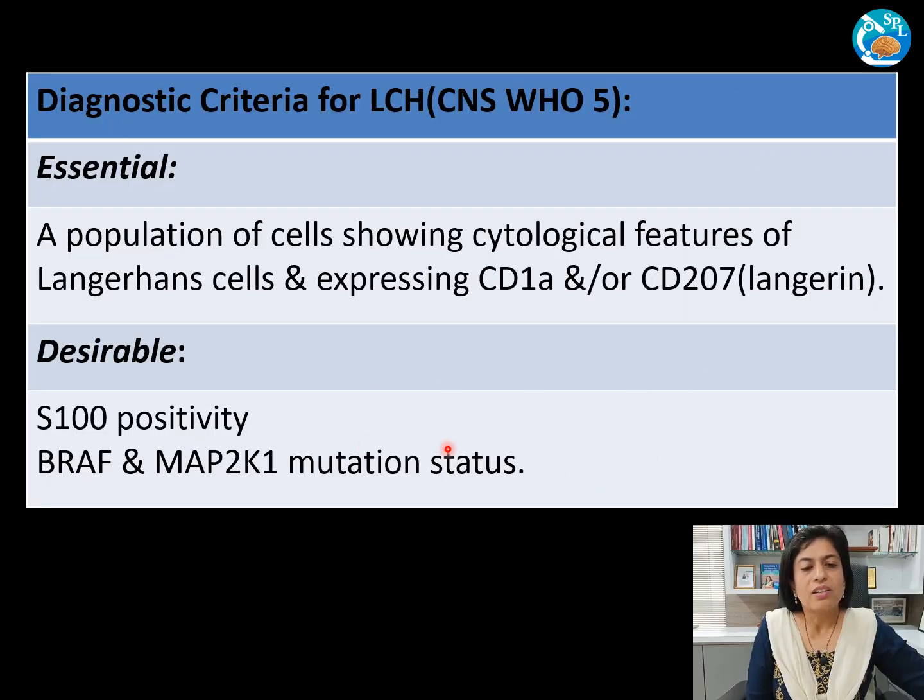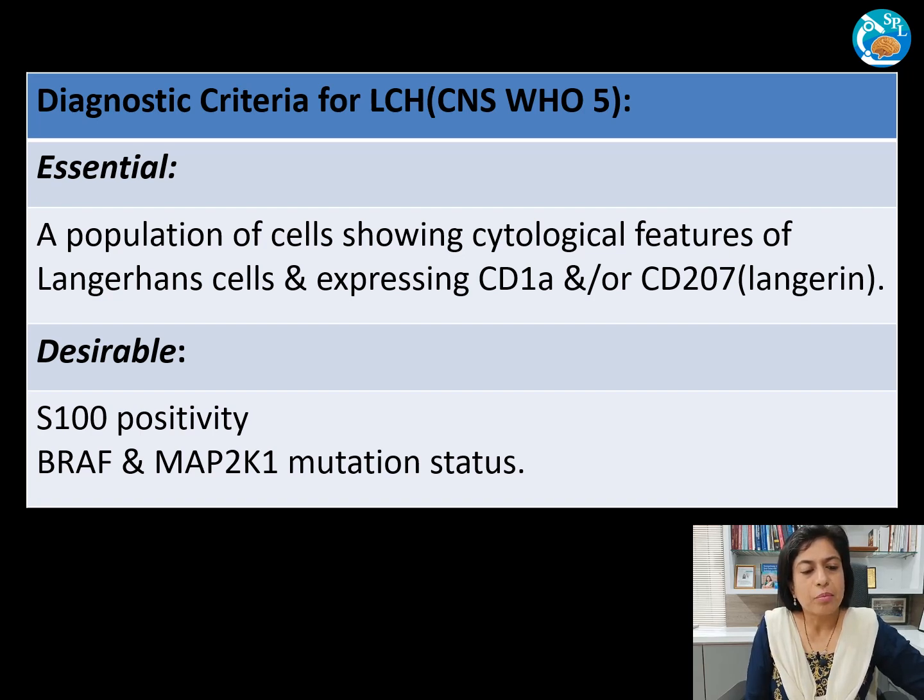The diagnostic criteria laid down by CNS WHO 5 are: the essential criteria are that the population of cells should show cytological features of Langerhans cells and should express CD1a and/or Langerin, that is CD207.